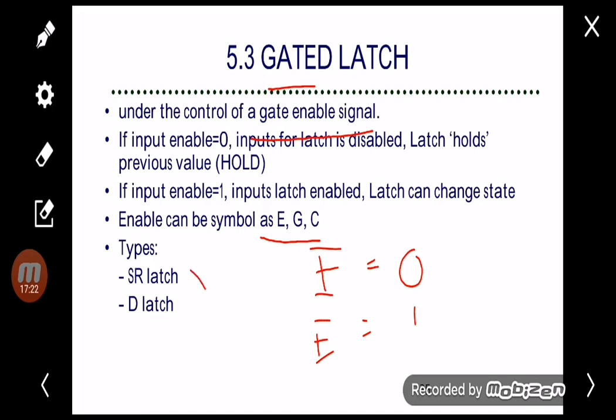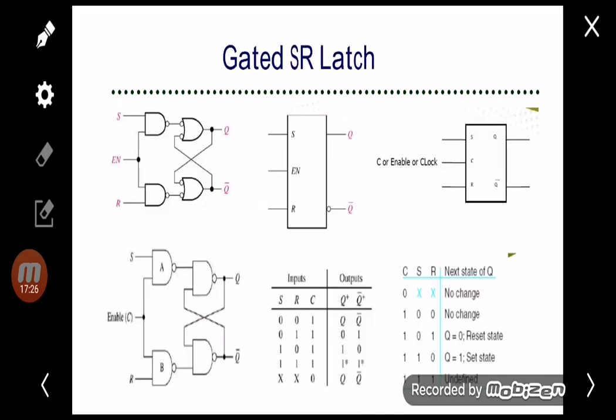So there are two types of gated latch. We have the SR latch and we also have the D latch. For the gated SR latch, we have the additional enable over here. You can see there's no bubble at S and R, which means that this is an SR latch from NOR. So we follow the truth table of the NOR gate latch. When 0, 0, there's no change, or we call it hold.